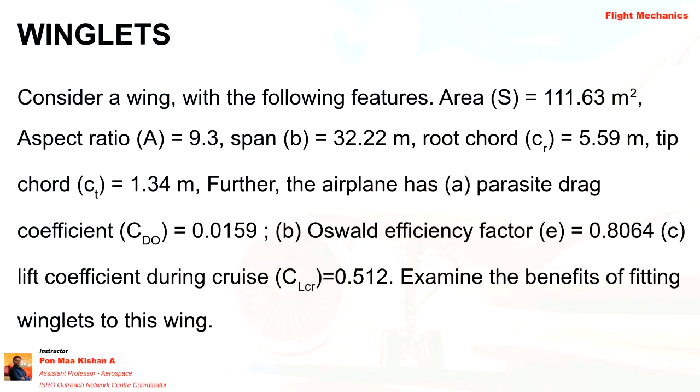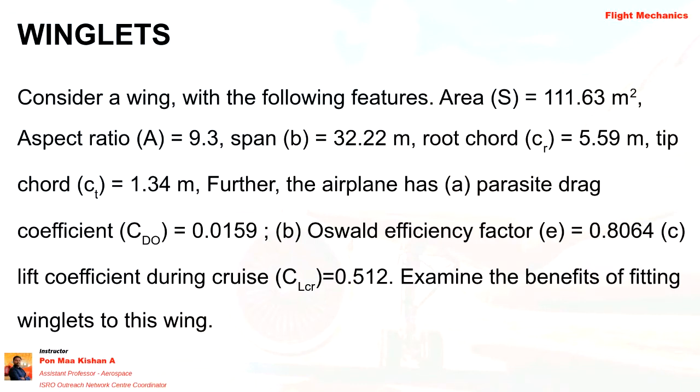Kindly note down the given data, whatever has been given in this question. Aspect ratio A is equal to 9.3 and span length B is given as 32.22 meter, and root chord of wing.